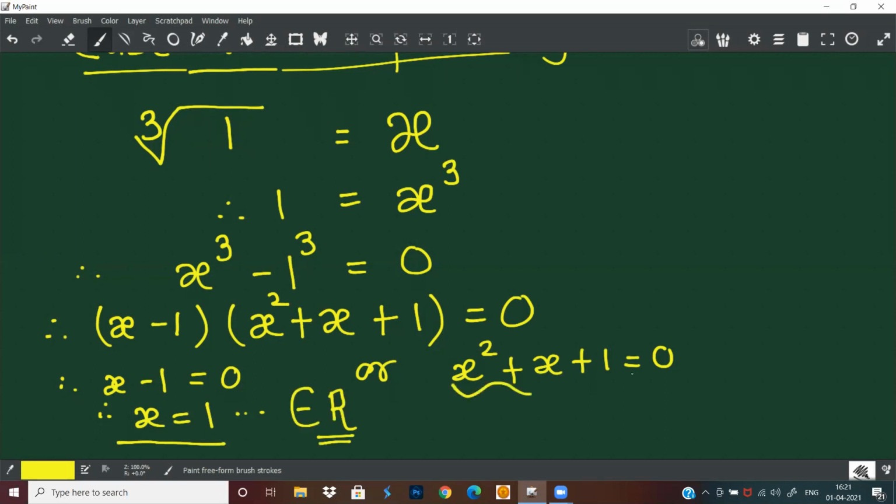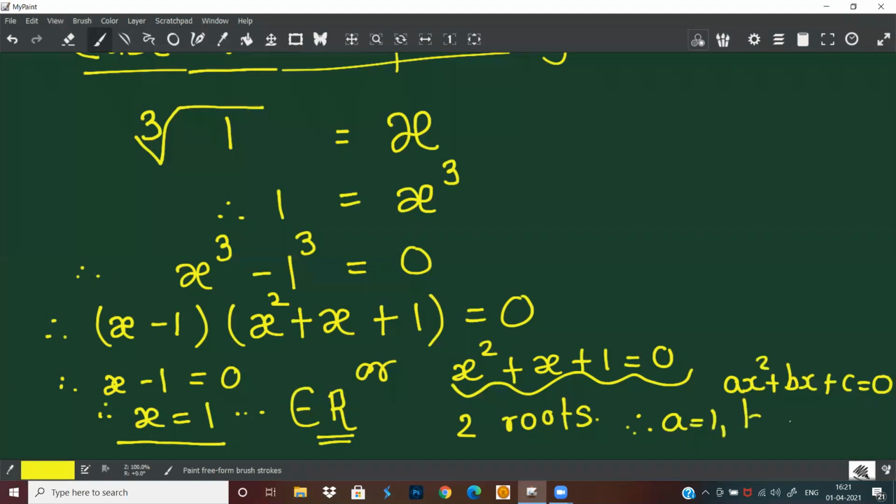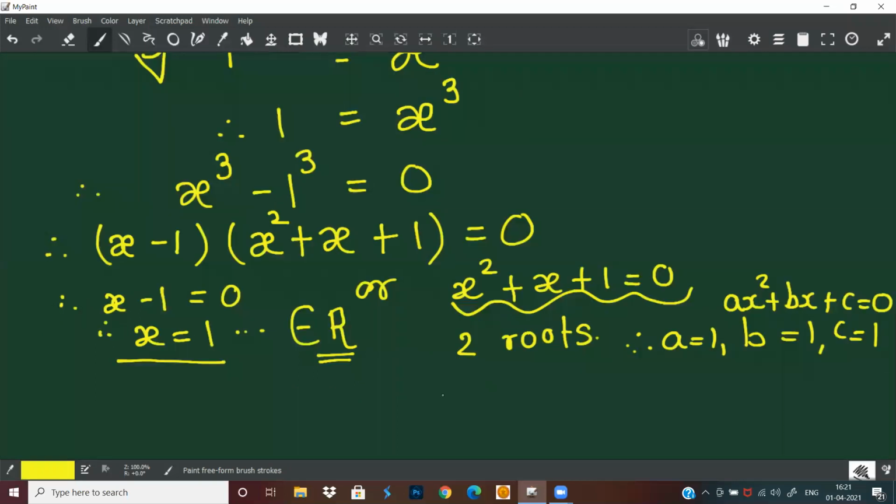Now it is a quadratic equation in x. So it is going to have two roots. So let us get the two roots of this equation. Now compare it with ax square plus bx plus c is equal to 0. That will give you value of a as 1, b is also 1, and c is also 1. So to use the formula, first I get b square minus 4ac, which gives you negative 3.